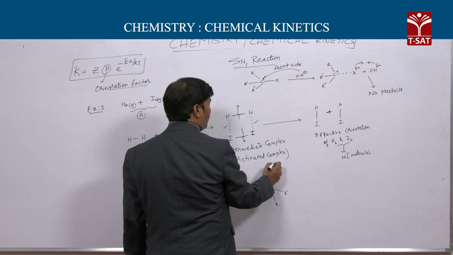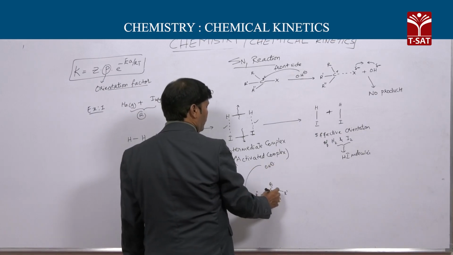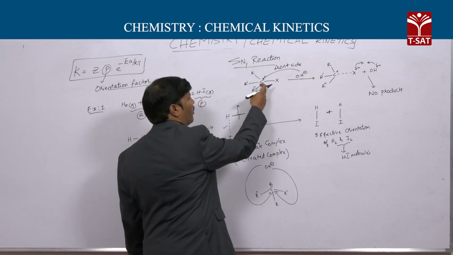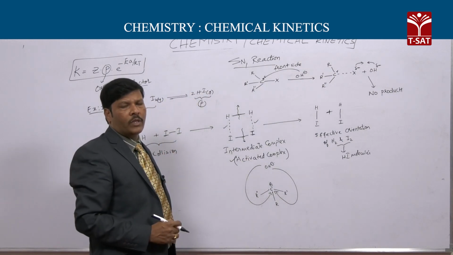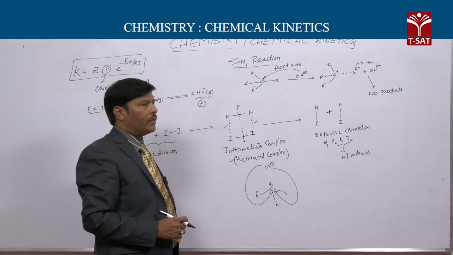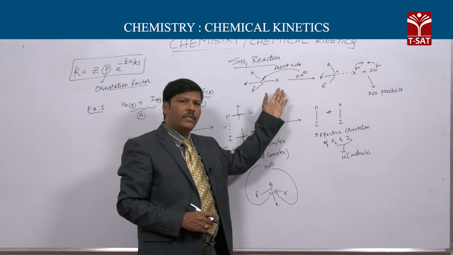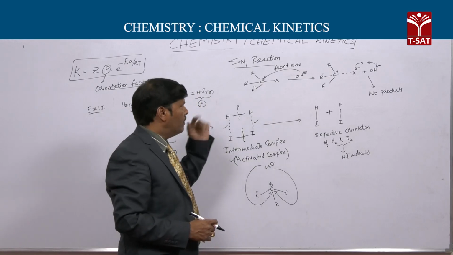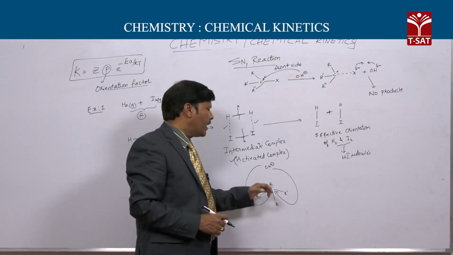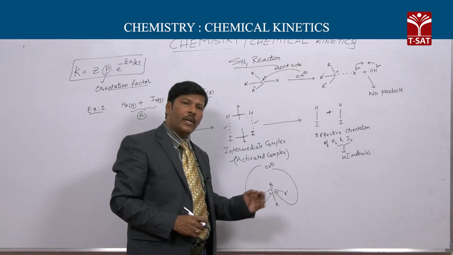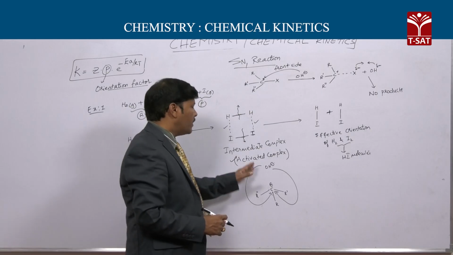Now if the incoming nucleophile comes, it can attack from the front and back end. Of course, here the tertiary carbocation is formed because polar protic solvent favors the SN1 reaction, releasing the weaker nucleophile, that is the better leaving group, leaving the stereogenic carbon, that is the carbocation. Once the carbocation is formed, now the nucleophile can attack the stable carbocation from both directions, from the front side and back side.